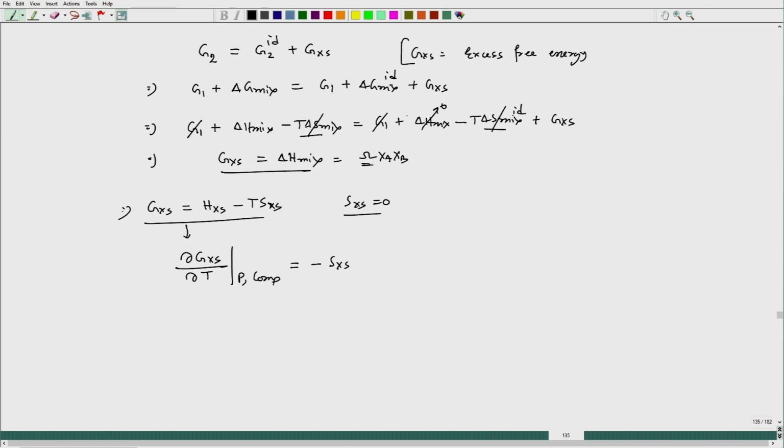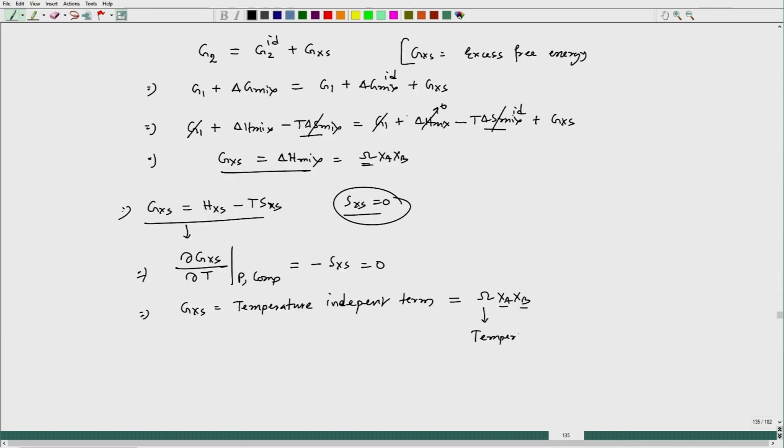Since we are considering this to be 0, that means G xs is a temperature independent term. Now, this is equal to omega Xa Xb, where Xa and Xb are the compositions, so this must also be a temperature independent term.